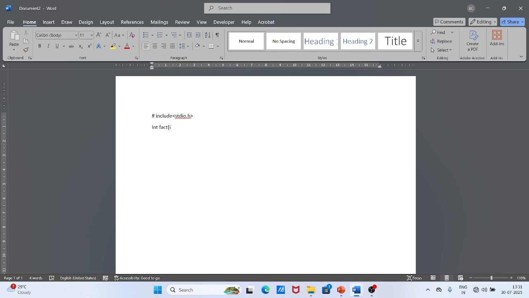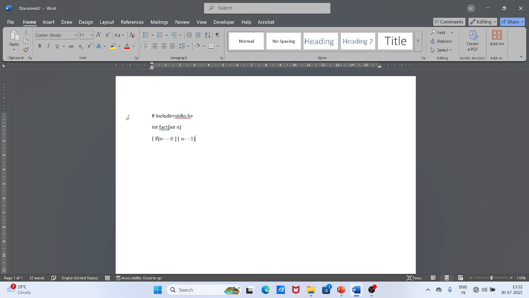Now you pass one argument int n, and after that you open the bracket, and there is one condition: if n equal to 0 or n equal to 1.